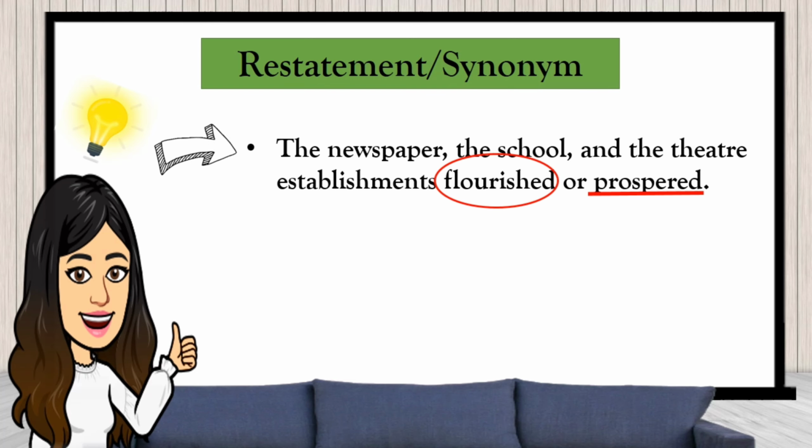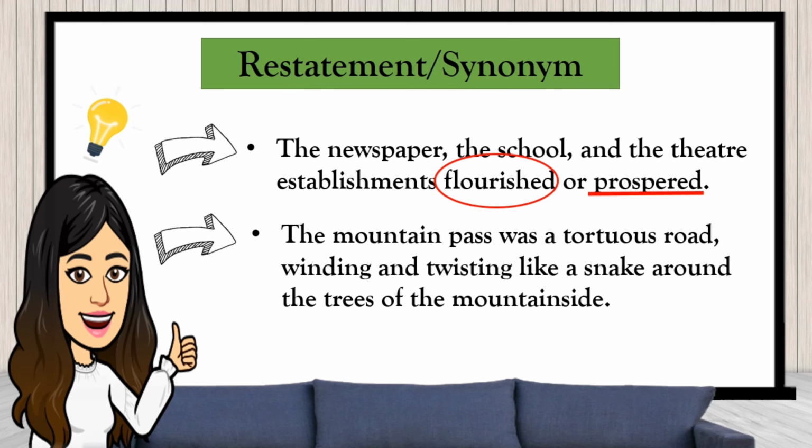And another example: the mountain pass was a tortuous road, winding and twisting like a snake around the trees of the mountainside. The unfamiliar word is tortuous, and the synonymous words are winding and twisting. So, the tortuous road means full of twists and turns.